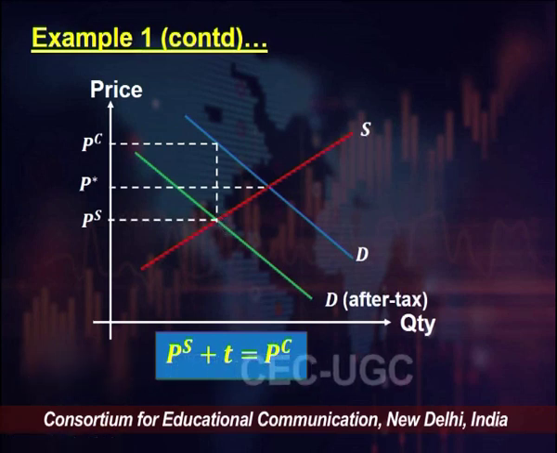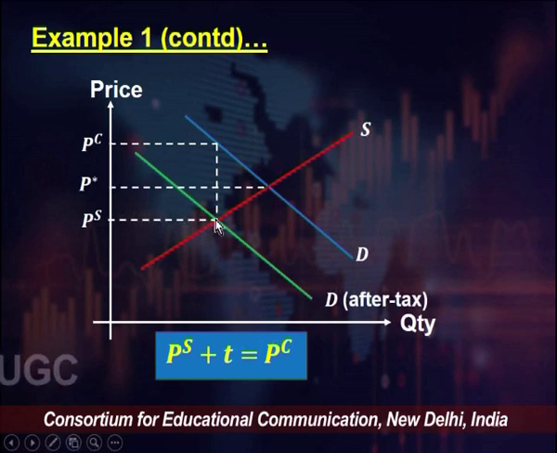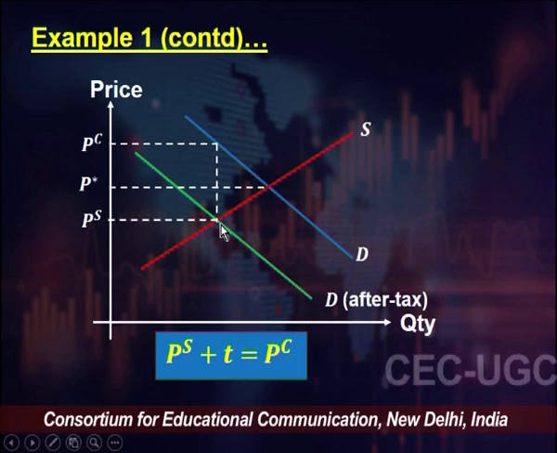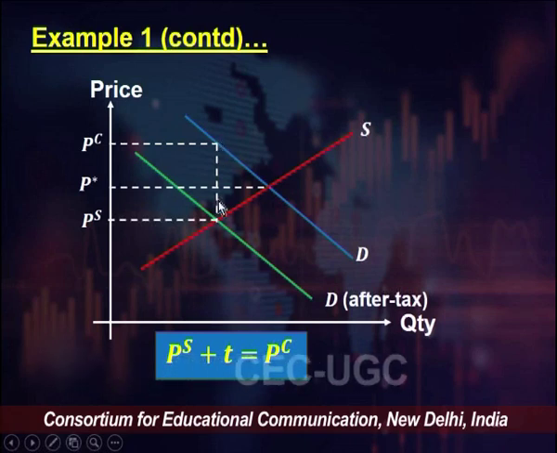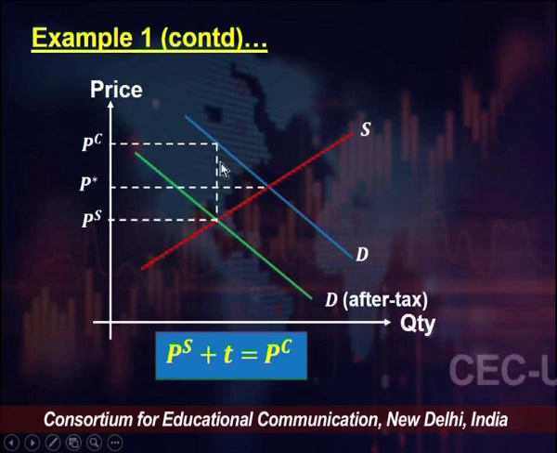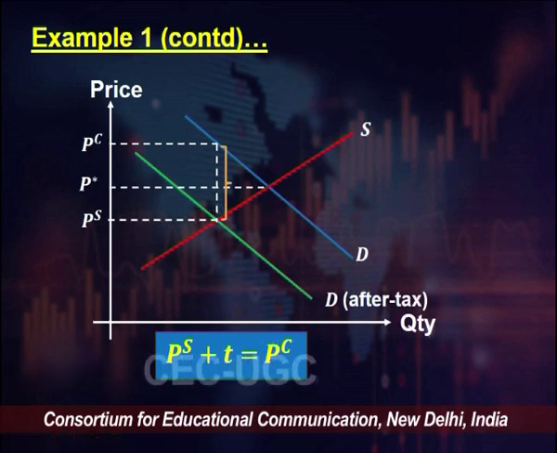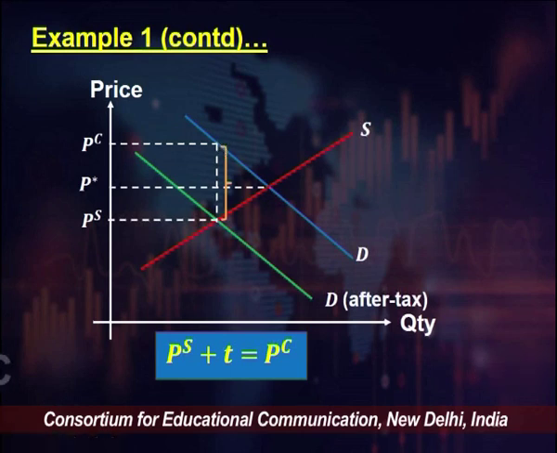That is exactly what we were saying, that the price received by the producer, which is represented by PS here, falls when T goes up. And this is to say that there is some burden of the tax which is also going to be shared by the producer. Similarly, the price paid by the consumer goes up, but again by less than the amount of the tax, because if you notice, the vertical distance between the two demand curves represents T, and the price paid by the consumer has gone up as compared to the before tax situation, but by less than the amount of the tax.